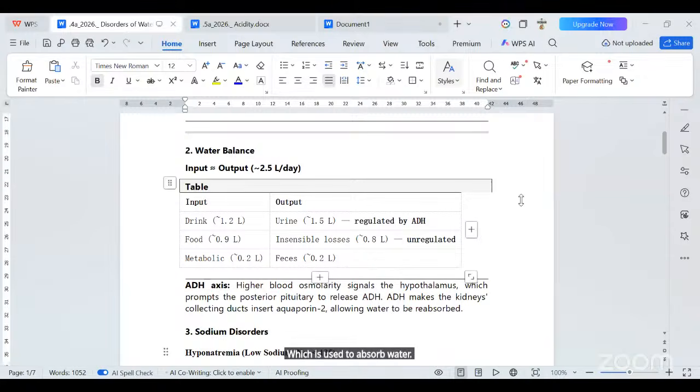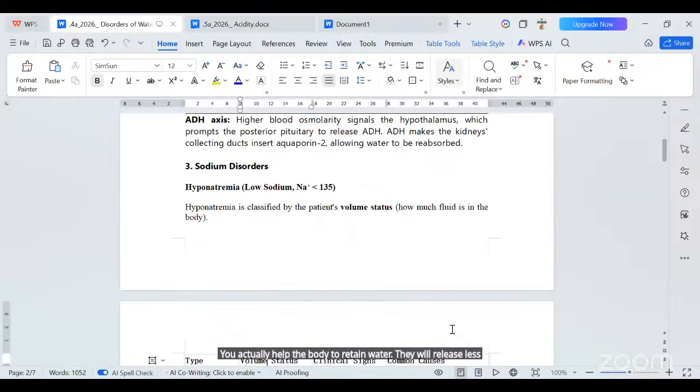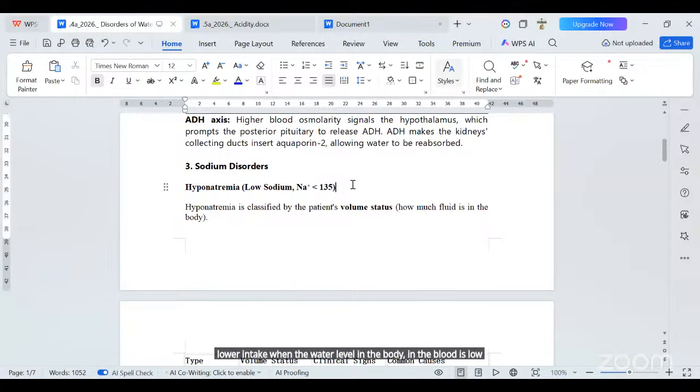You remember the function of the kidney, the loop of Henle and all the other parts. They actually help the body to retain water. They will release less urine when there is lower intake of water, when the water level in the blood is low. Now, what are the disorders?